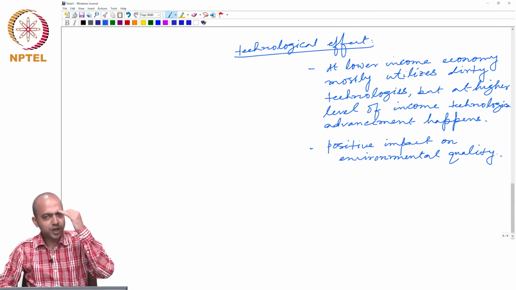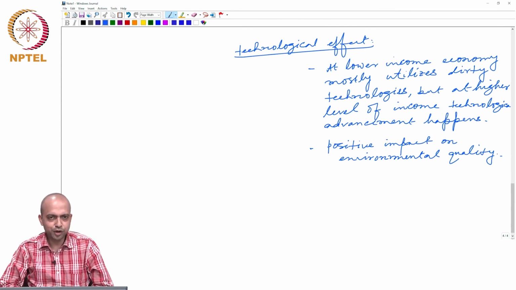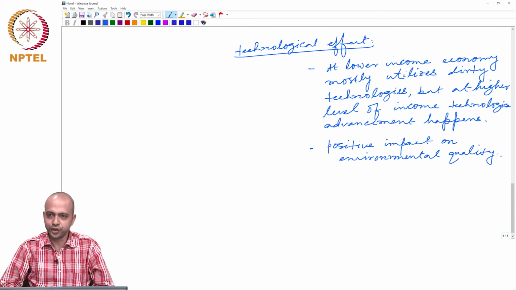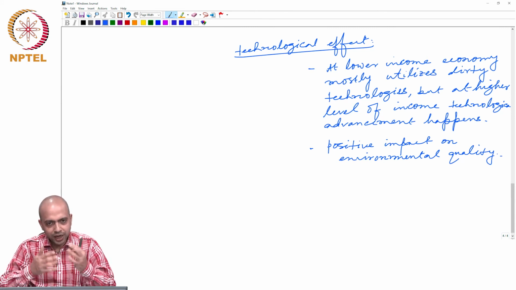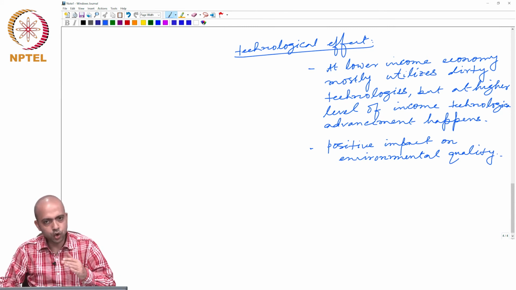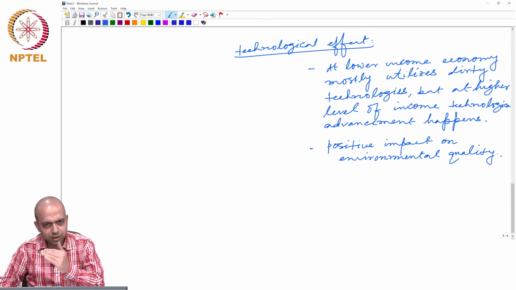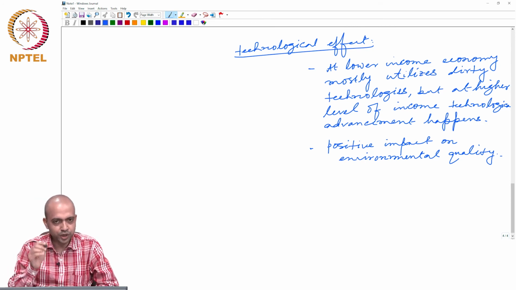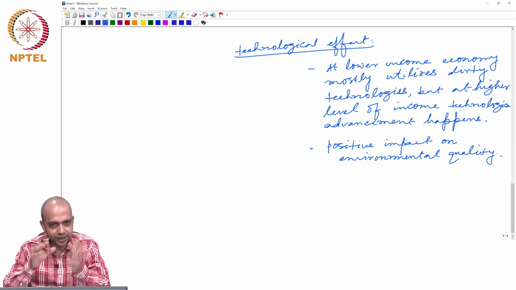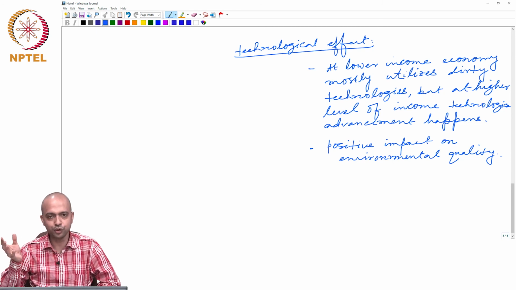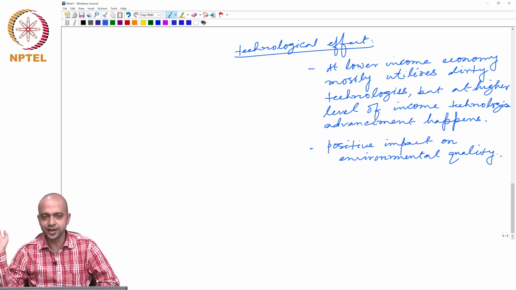So, while the scale effect gives a negative impact on the environment, composition and technological effect give a positive impact on the environmental quality. Ultimately the net impact depends on the relative strengths of these three impacts. It is assumed that when the economy starts growing at the initial phases, the scale effect is more powerful than the composition and technological effect.